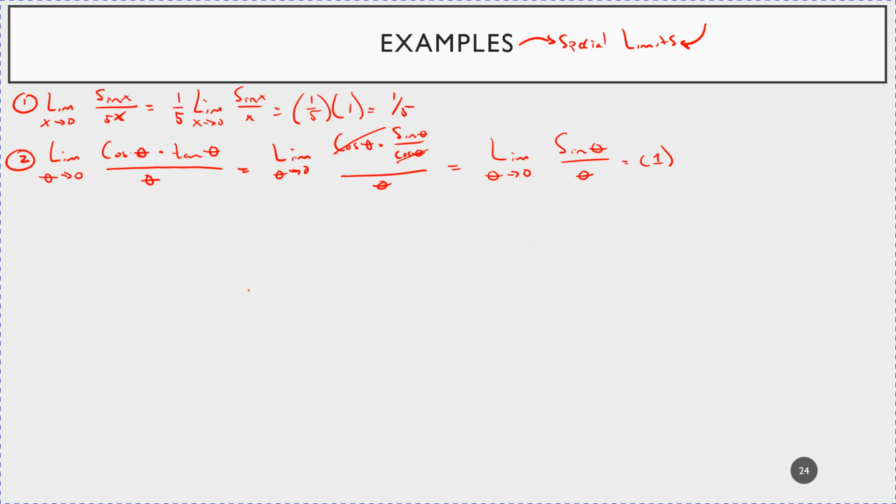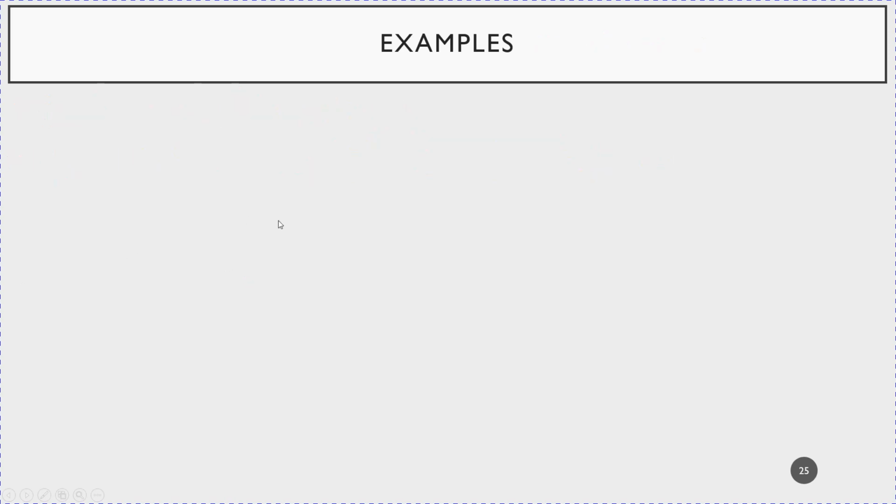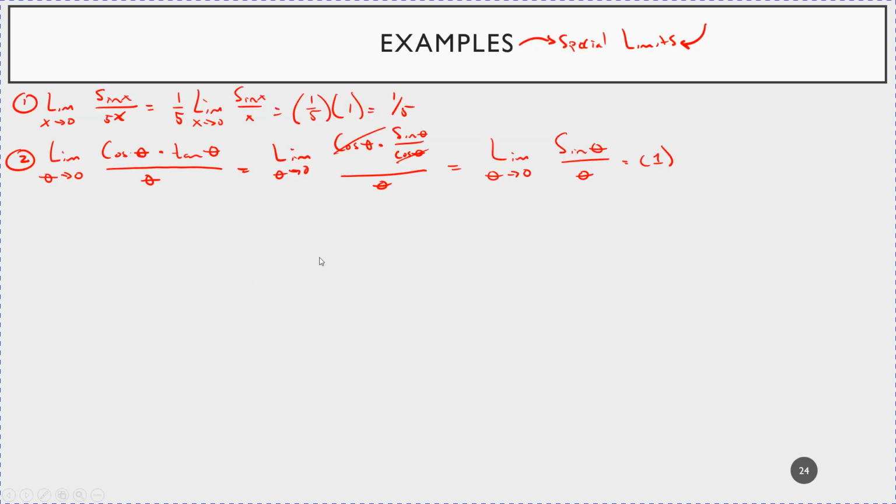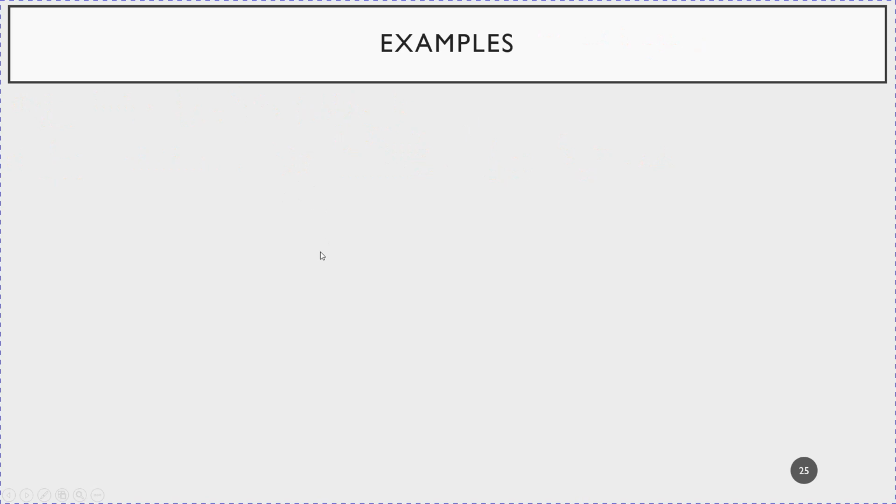All right, let me get some space and go to the next slide here. Okay, so again, these are special limits.